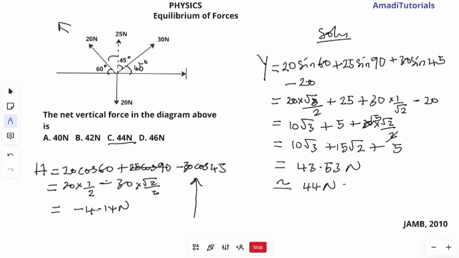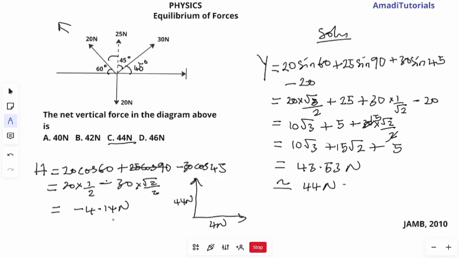And then this one, negative 4.14, it means it is on the right side, not on the left side. So we draw towards the right. So this one is 44 Newton, and this one is approximately 4 Newton. So that is our net horizontal force, 4 Newton.